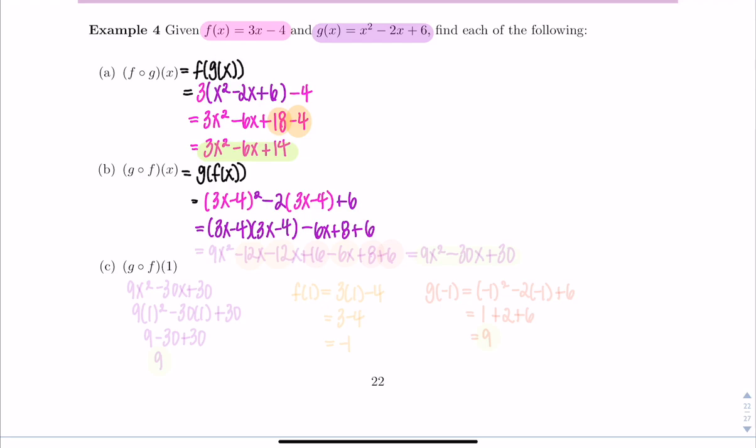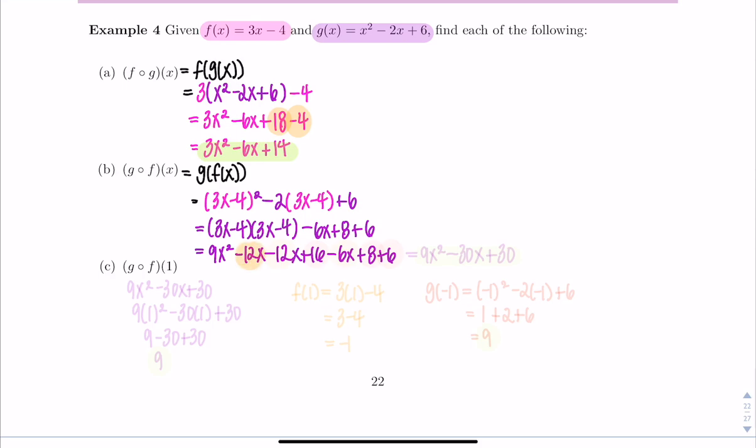So here we end up with 9x squared minus 12x minus 12x plus 16, minus 6x plus 8 and plus 6. So let's go ahead and combine like terms.